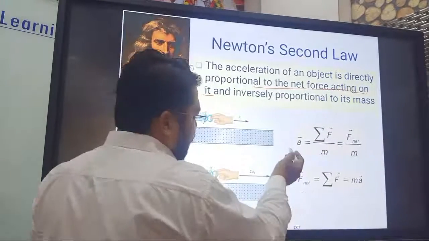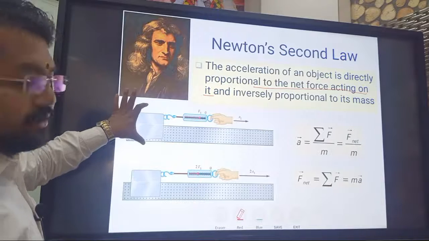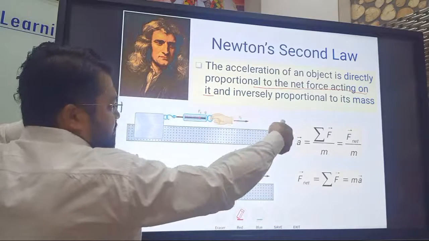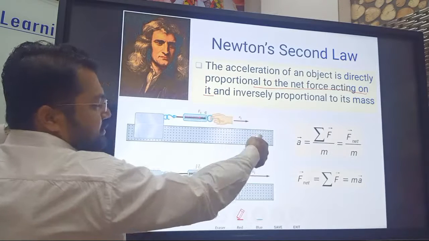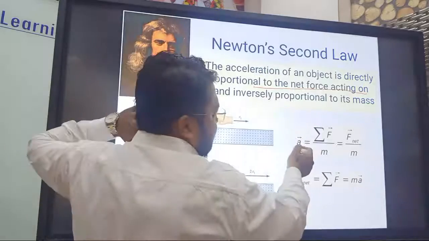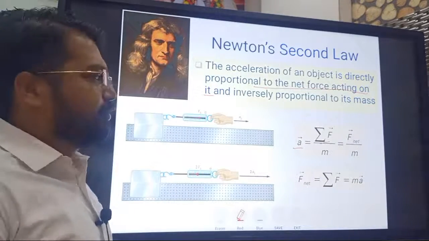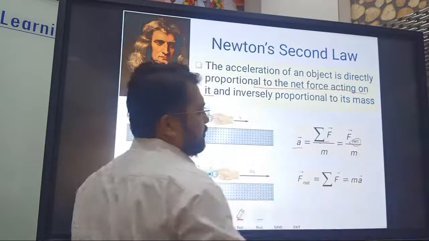So here, we have one fixed and we are stretching it somewhere. Yes, sir. So we are applying a force trying to give acceleration. Yes. So acceleration is nothing but the summation of all the forces, and that summation of all the forces is called the net force.